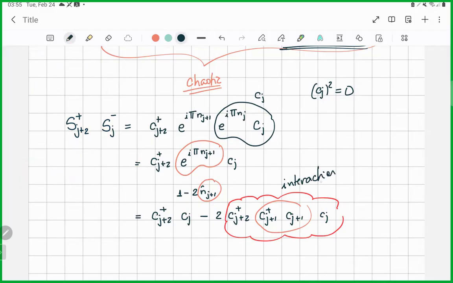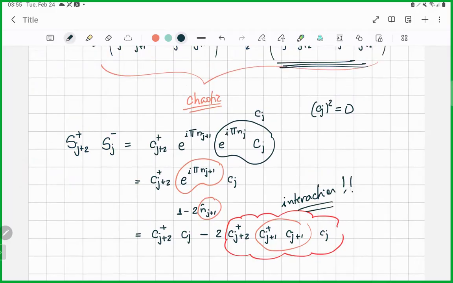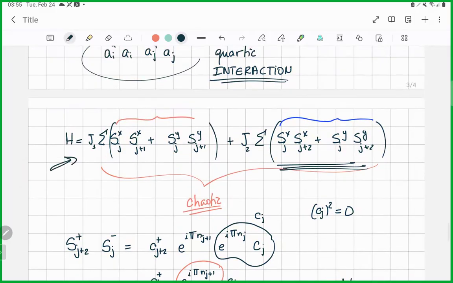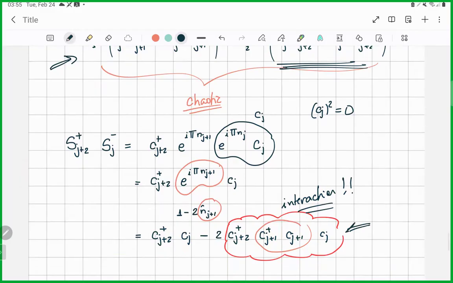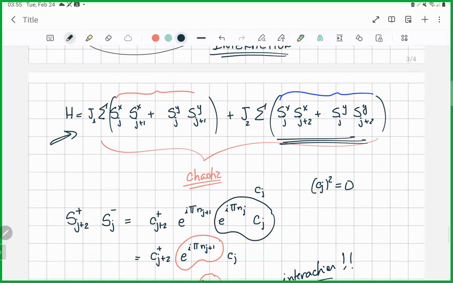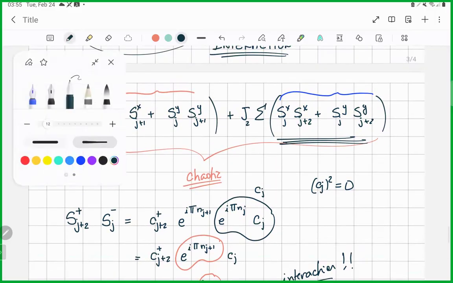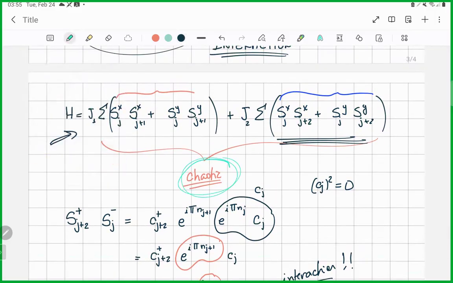So you see that if I write this Hamiltonian in the language of spinless fermions, you immediately detect, yes, there is interaction in this story. This is a complex system. And in fact, if you study level statistics, you're going to see this is a chaotic system. Okay, so you see now why this is so special. So this is the end of this video.